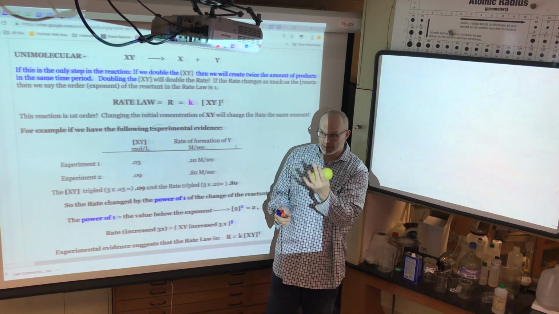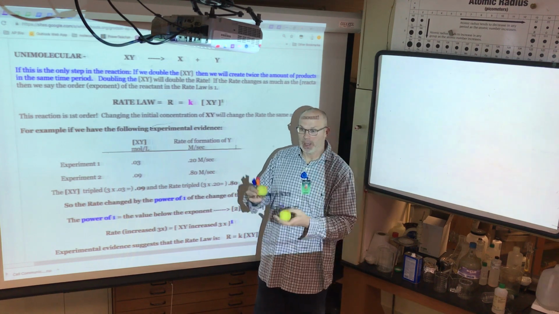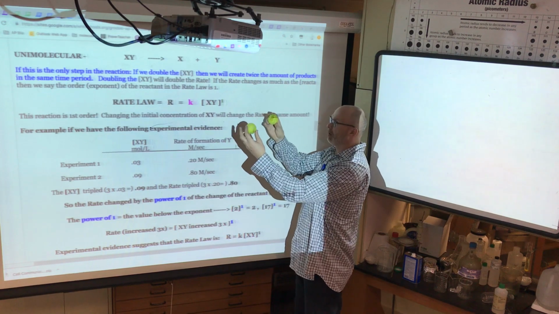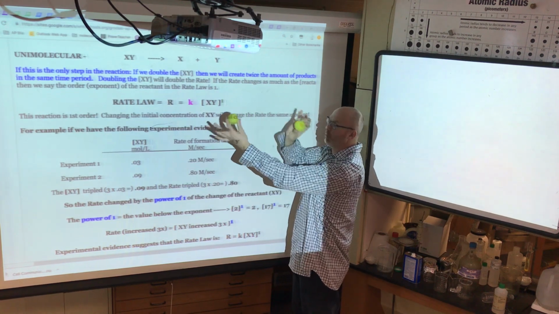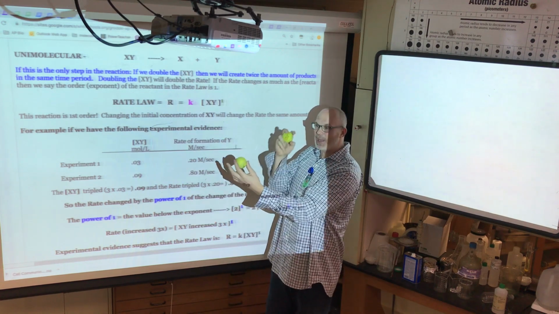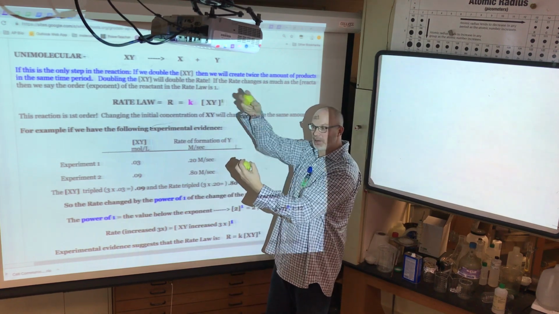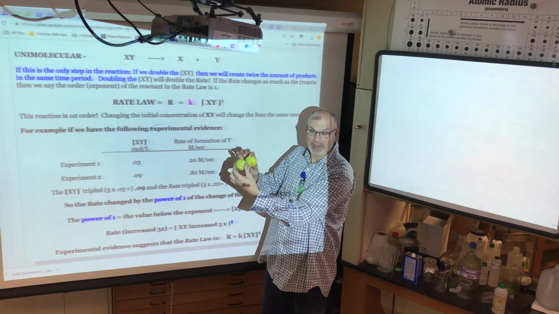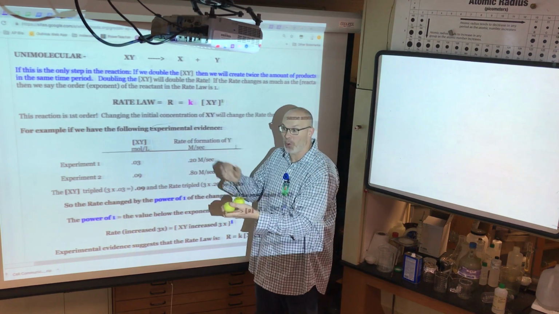That's a single step. And as we talked about already, if two things are coming together to make one, in this case it's X and Y. Make this X and Y, they're different chemicals. I know the spheres look similar. But if I double this and keep this constant, of course we have many of them, this will find this one twice as fast. So the coefficients equal the order.